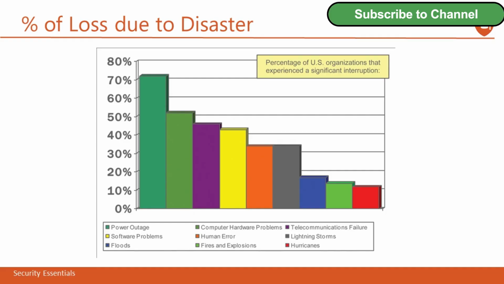Fires, floods, hurricanes, etc. are less likely to interrupt your business. However, all of these factors must be planned for and taken into consideration. However, it's important to note that a power outage is much likelier to affect your business.